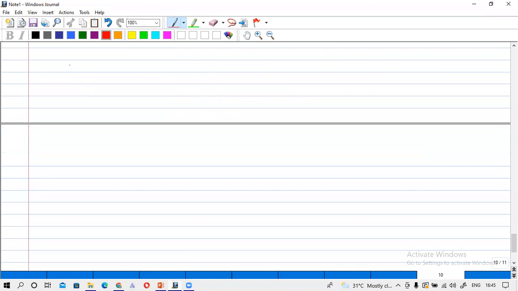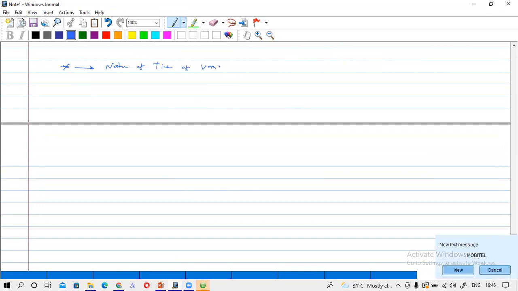So you can see that first we have classified the signal based on the nature of the time variable. Now we are going to classify signals with respect to another parameter, that is we call periodicity.